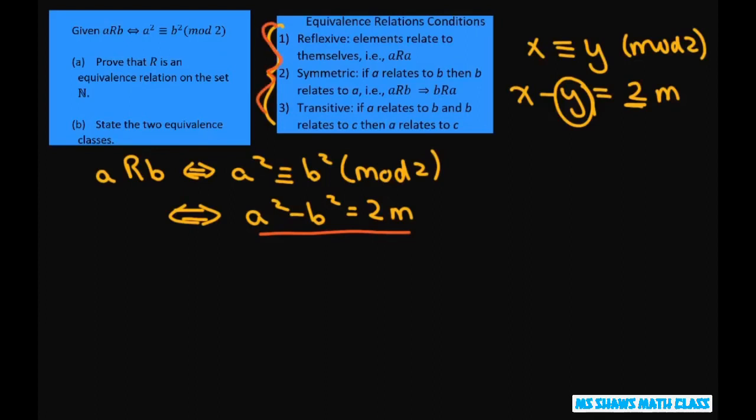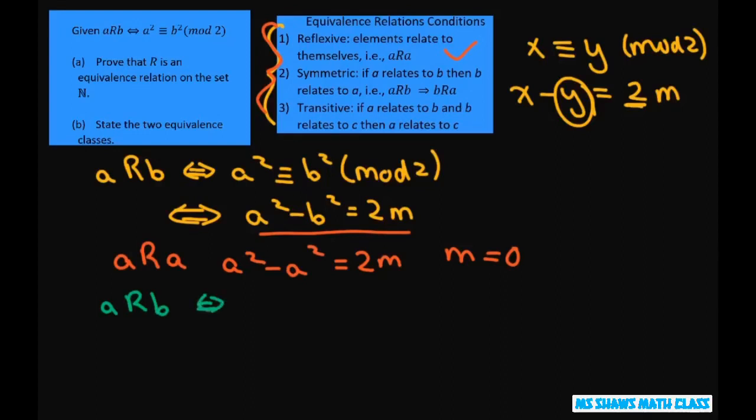So let's write it like this to do our proving. So now, if we do A is related to A, this is true because A squared minus A squared equals 2m, and that would be m equals 0. So it's reflexive. All right, and then for symmetry, we do the same thing. We're going to write A is related to B if and only if A squared minus B squared equals 2m.